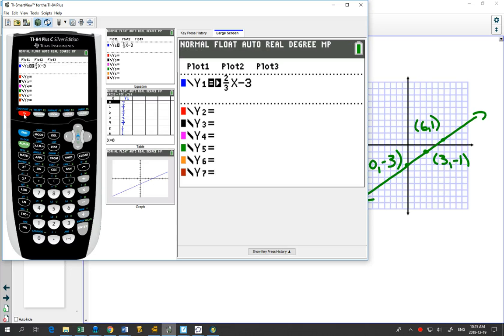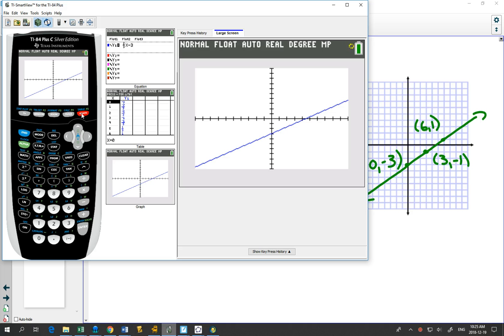But if I wanted to type in another line, let's say I write negative 3x plus 5, and I graph that second line. Do they intersect? Yes. Where do they intersect?